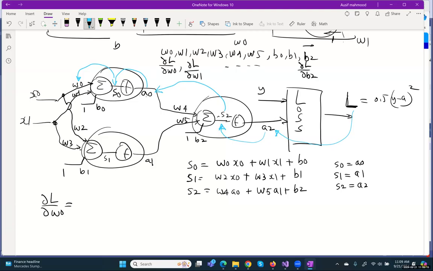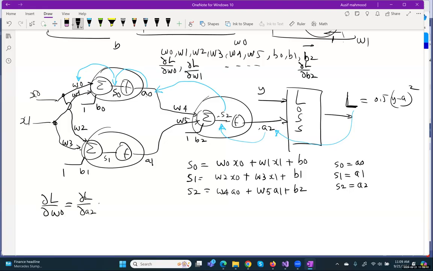In the beginning, draw it out, because if you try to do it in your head, everybody will make a mistake. But if you draw it very nicely, you'll never make a mistake. So now it's easy. Let's express this as a multiplication of all these partials. First we will go partial L over partial A2, correct?